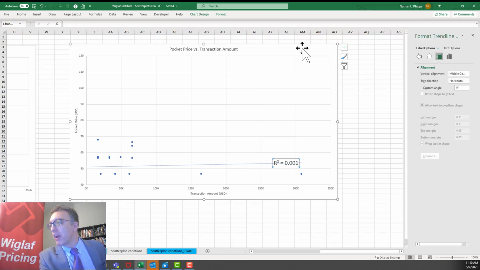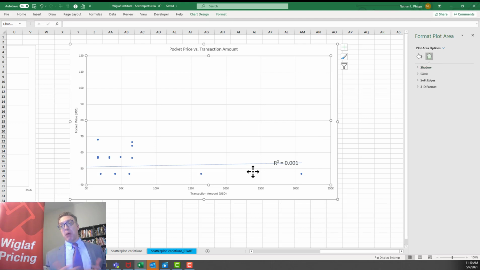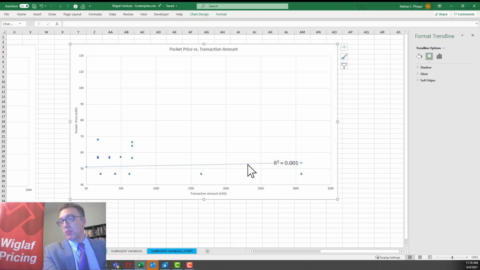Okay, and we're at 0.001. So, with the pocket price, there is even less of a correlation between it and the transaction amount than what we saw with the invoice price. So once again, I would not include this on my chart because it's misleading.